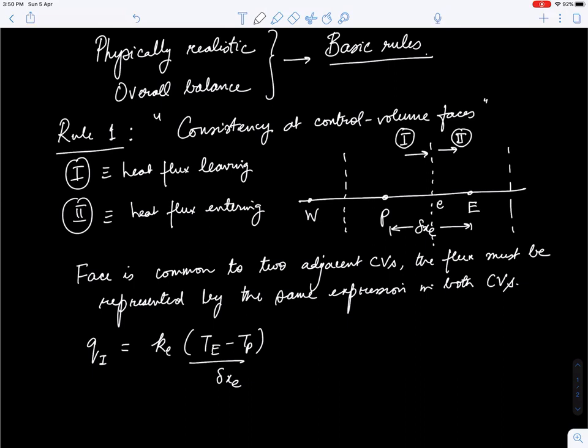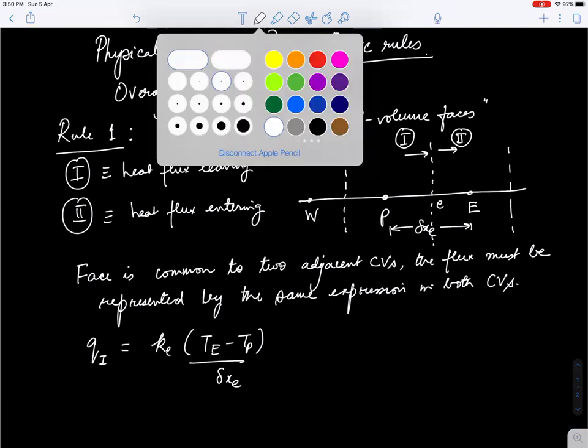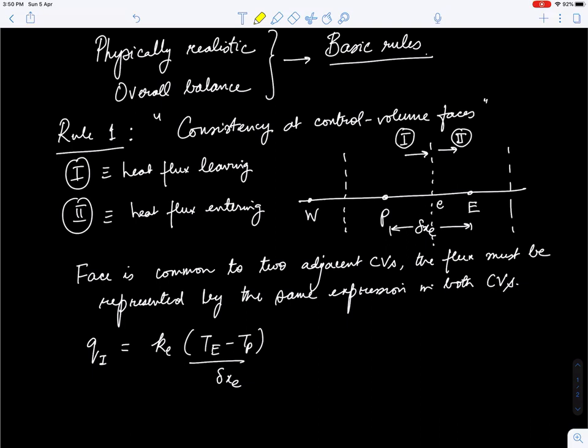Let me say that I want to represent the interface conductivity, and I have an approximation for KE. The reason I'm coming down to this is that we have values only at the nodal locations.